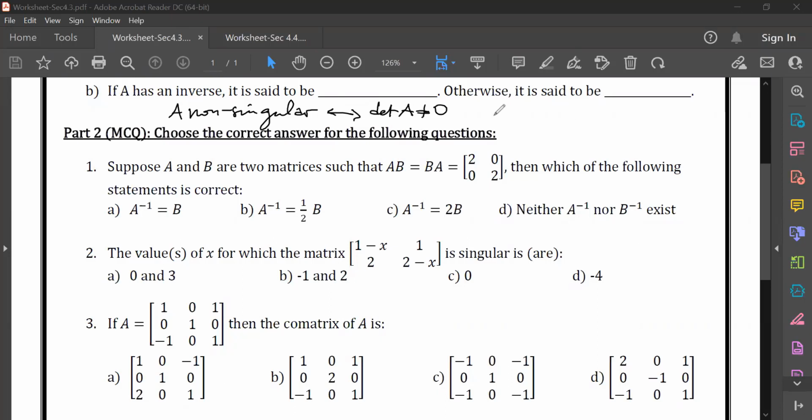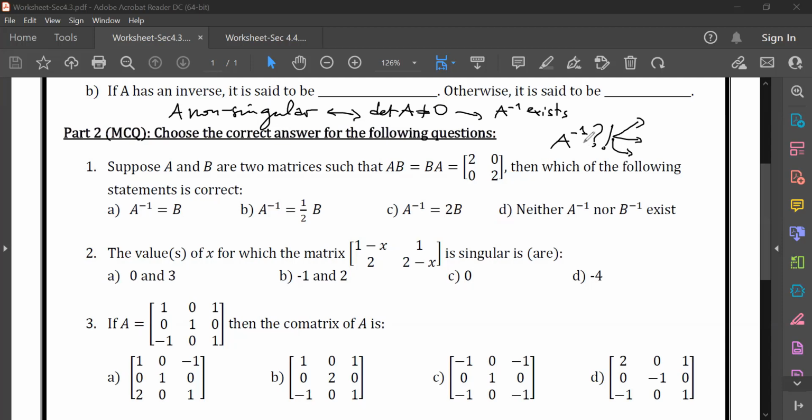This means that A inverse exists. Now the question: who is this A inverse? How do we calculate it? Okay. Then we have several ways to find the A inverse depending on the situation.